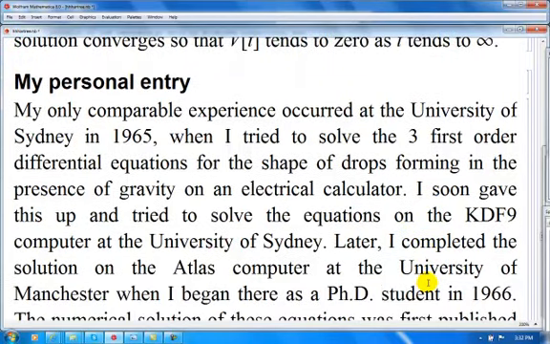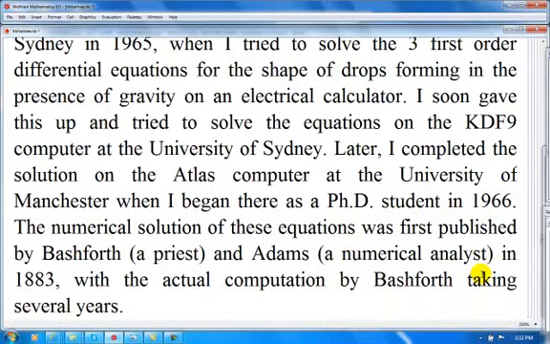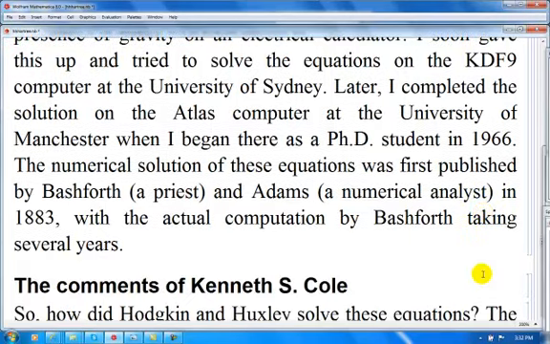Later, I completed the solution on the Atlas computer at the University of Manchester when I began there as a PhD student in 1996. The numerical solution of these equations was first published by Bashforth, who was a priest, and Adams, who was a numerical analyst, in 1883, with the actual computation by Bashforth taking several years.